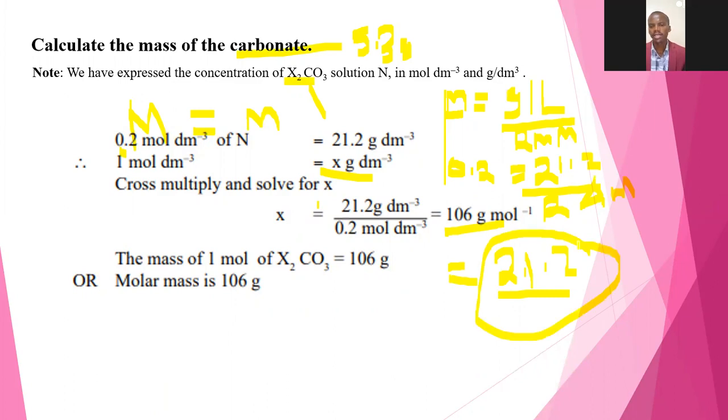The molar mass has no unit, or we can express it in grams as well. So that is what I want you to understand there. So that is the molar mass of the carbonate, and that is what we were to calculate, which is 106 grams.